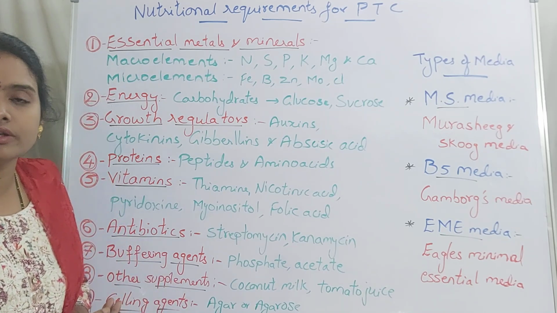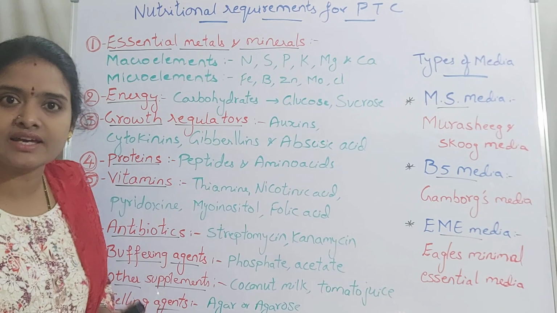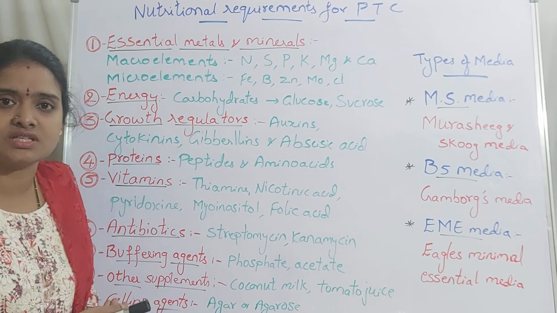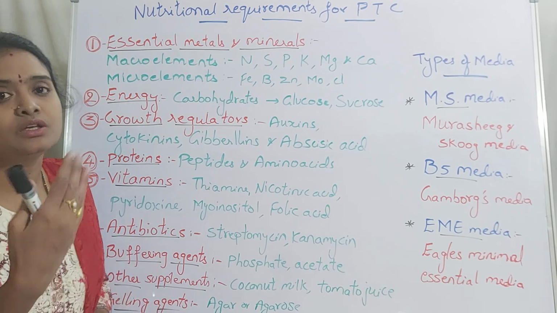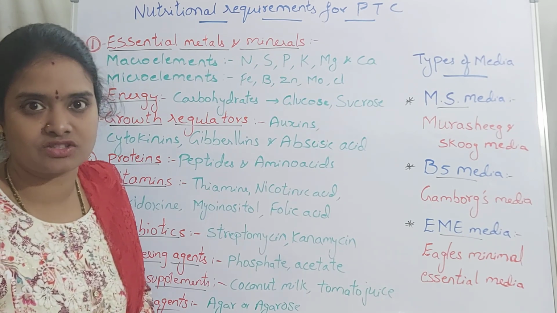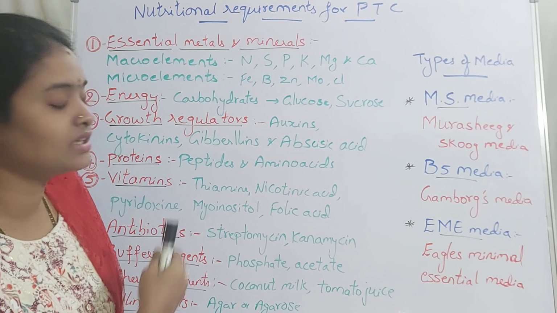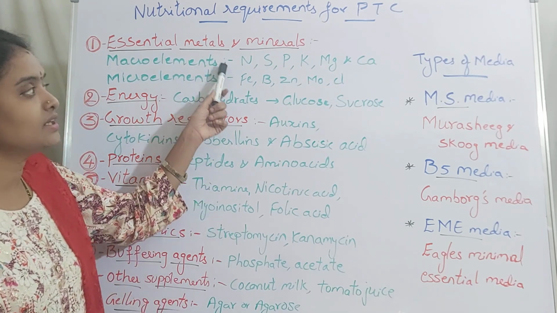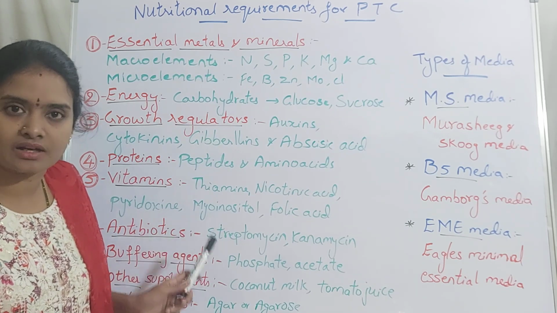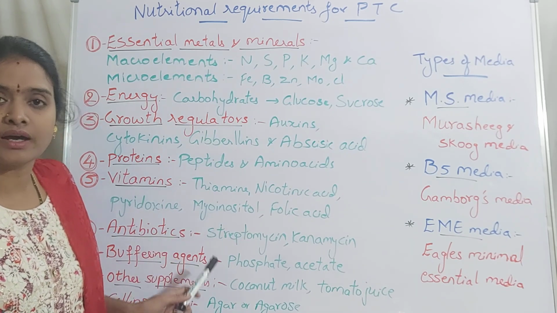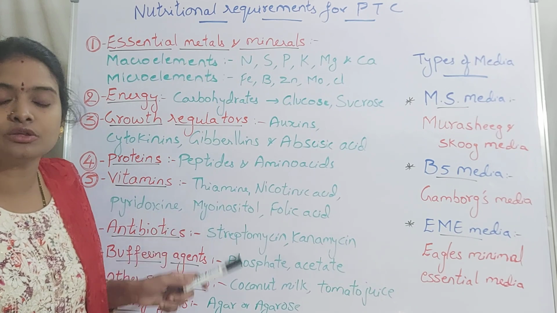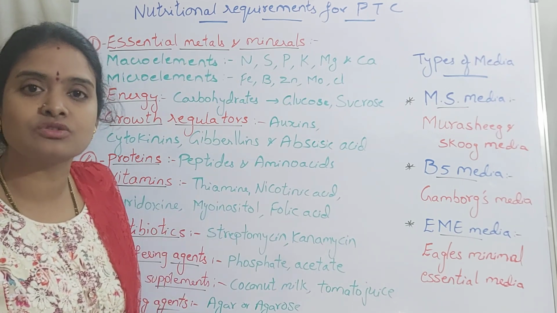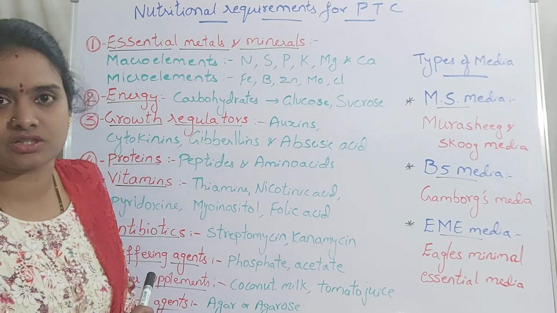So what you are going to do, you have to sterilize them. Instead of using the heat sterilization process or steam sterilization process, you may use filter sterilization. Filter sterilization we'll discuss in detail, right? So remember that only the heat stable compounds will be sterilized in the autoclave, and after cooling you are going to add heat labile compounds which are sterilized by using a filter sterilization apparatus, right?